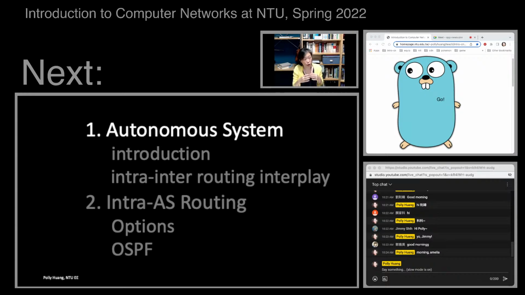And the intra-AS routing is still necessary because it will tell you the exact path to go from you to that particular gateway router, which would know the way to the destination AS. So that's the interplay between intra and inter-AS routing. The next video is going to tell you a little bit more in detail.